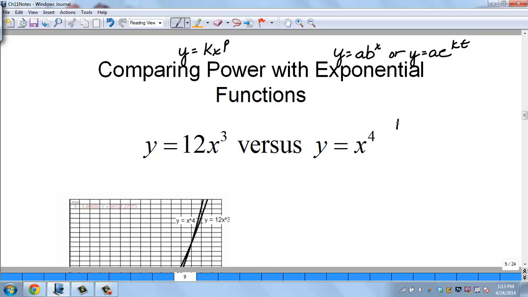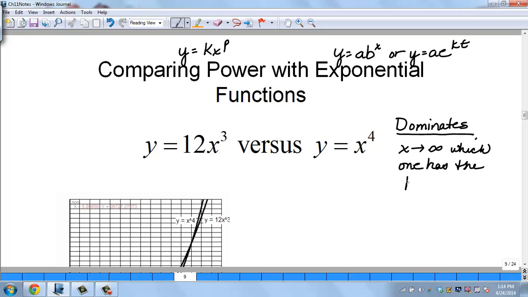Dominates is basically saying which one gets bigger faster. So you're going to ask which one dominates, right? That means as x approaches infinity, which one has the higher y values.